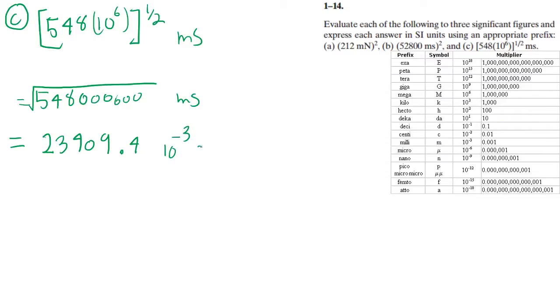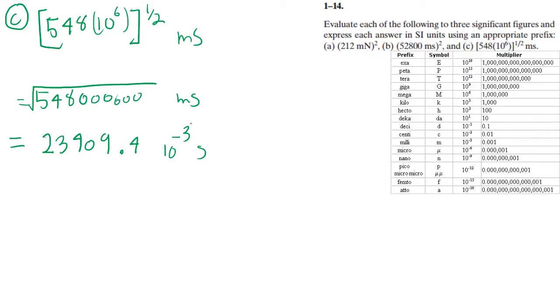So 10 to the negative 3 seconds. And this works out super nice, just like they intended it. Because now look, we have our answer here, right? This is our number, and we have our appropriate SI unit. Now we just need the appropriate prefix, and the 10 to the negative third here works out perfectly.